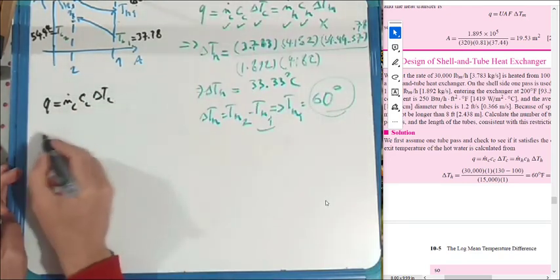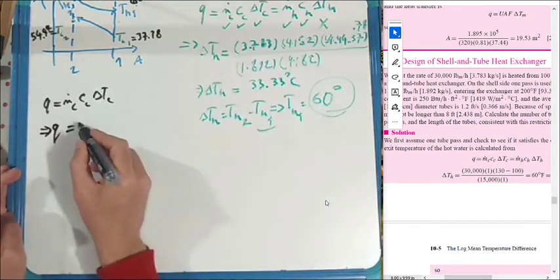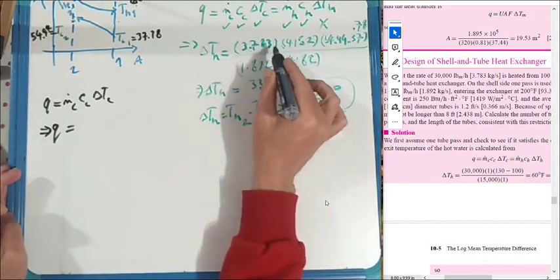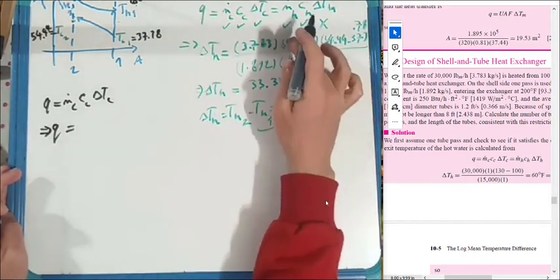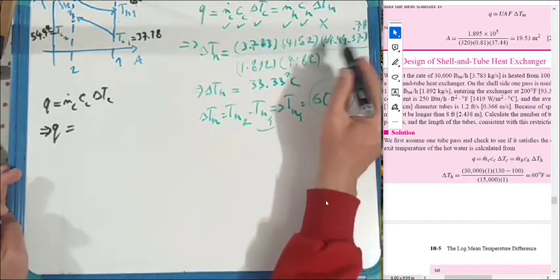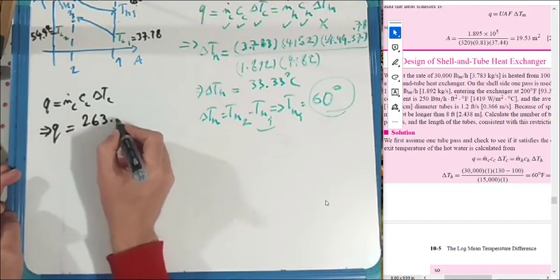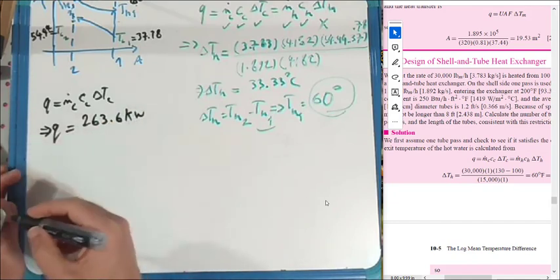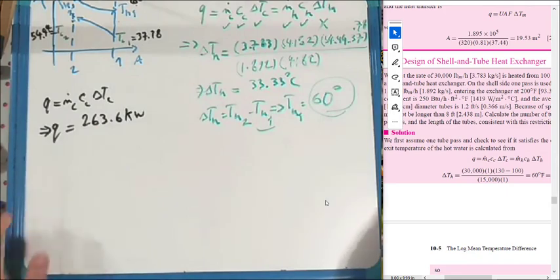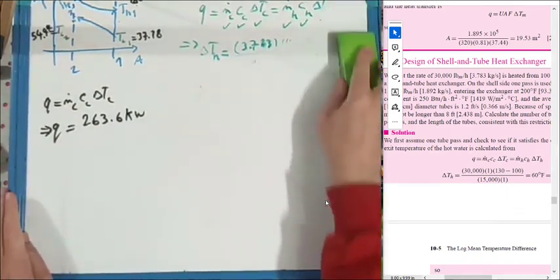Then Q equals 3.783 times 4182 multiplied by these numbers. The value will be exactly 263.60 kilowatts. Okay, so let me erase this section.